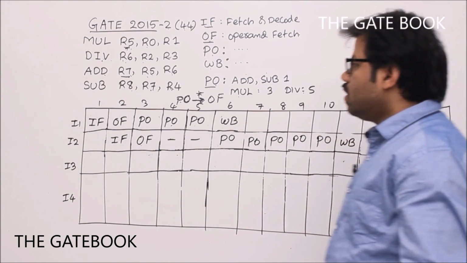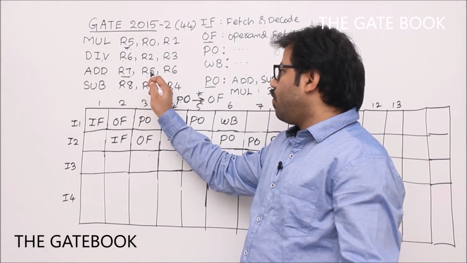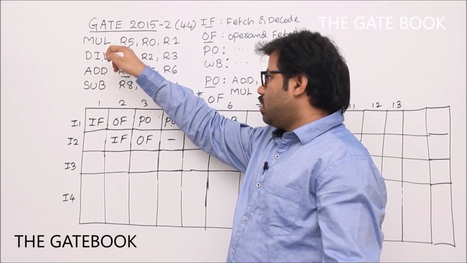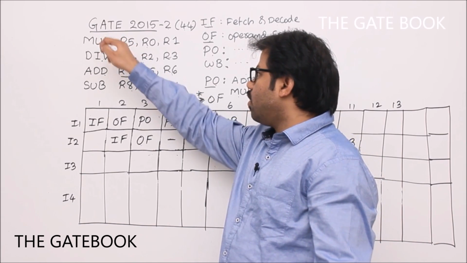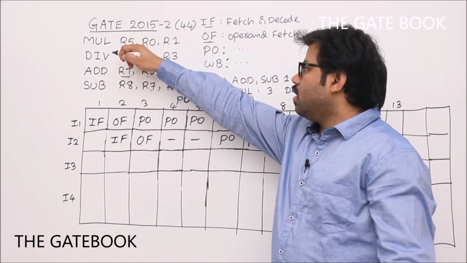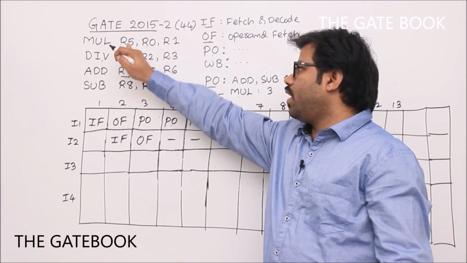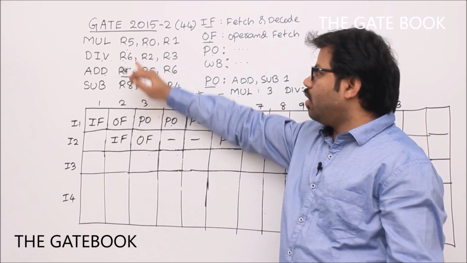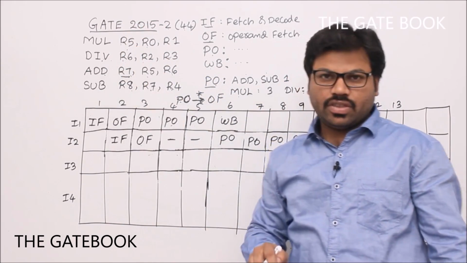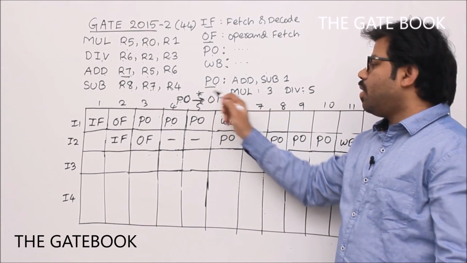Done. Now the third one, addition of R5, R6. But R5 and R6 are the destinations of the multiplication and division operations. Then we have to wait for the perform operation of R5 and R6, because they will only be available after the perform operation of multiplication and the perform operation of division. And of course, the forwarding is possible.